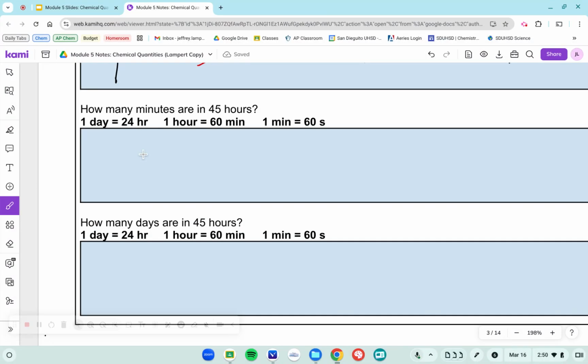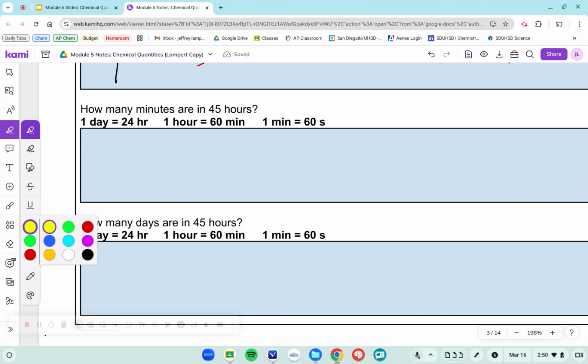So to start off here, the given number is 45 hours, and it's asking us to find the number of minutes. This two-word set, how many, is a sign that it's about to tell you what they want you to convert to.